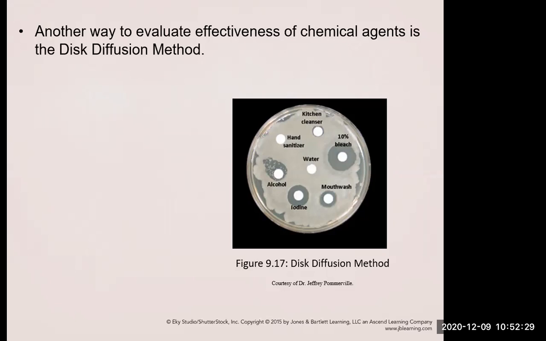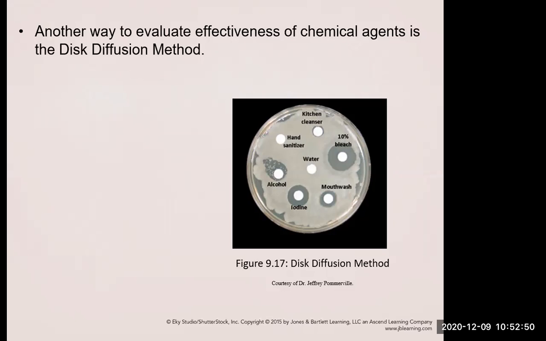The disk diffusion method is kind of similar. So you're going to take a petri dish. You're going to lay out what we're going to call a lawn of bacteria. So you spread bacteria across the whole plate. Then you're going to take these little paper discs. So these are absorbent paper circles.